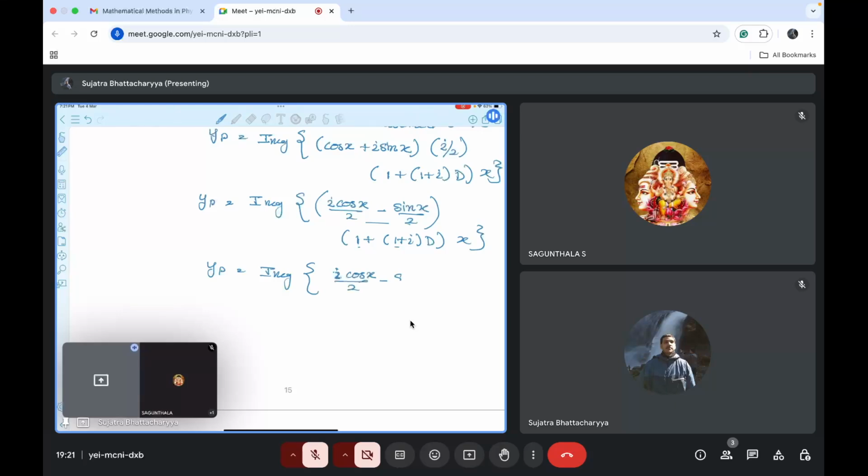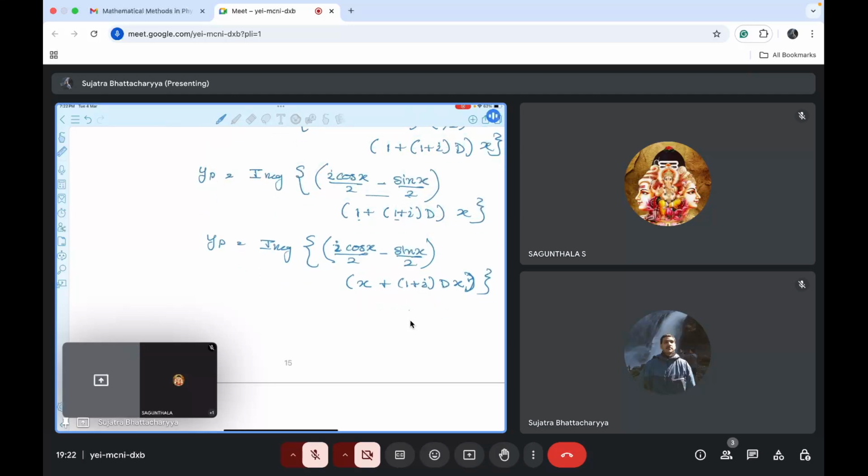It will be easier for everyone. The sin x by 2. And this will be now x plus 1 plus iota D of x. Now what is this D of x? Differential of x, d/dx of x, which is 1. Correct? So D of x is nothing but d/dx of x, which is equal to 1.